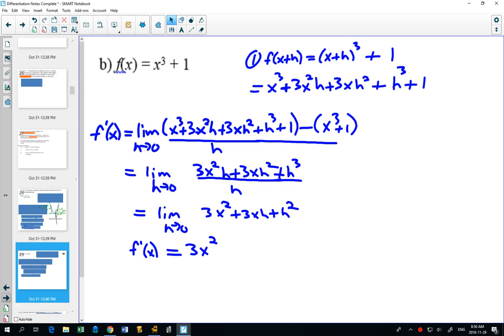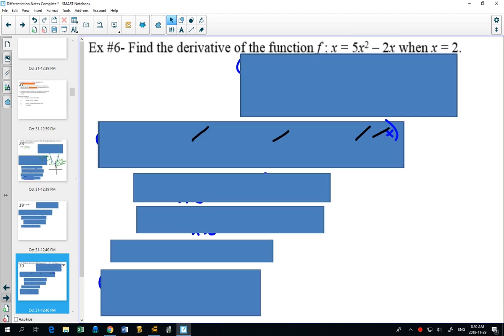That being said, we do need to practice working with the definition of the derivative. You're almost always asked a question that shows, do you understand how the definition of the derivative works and how to use it to find a derivative? So try this one on your own.